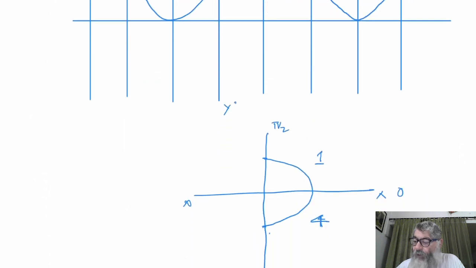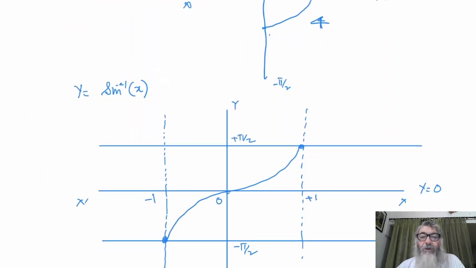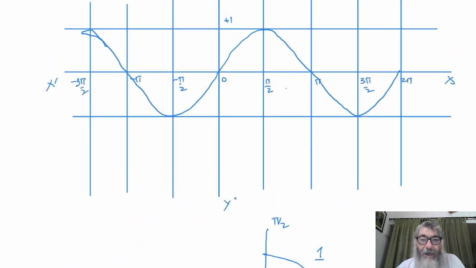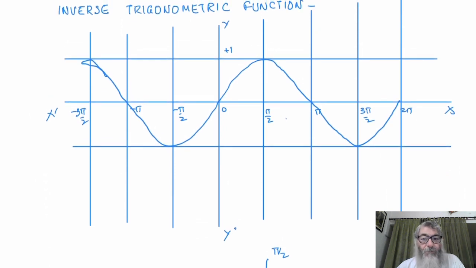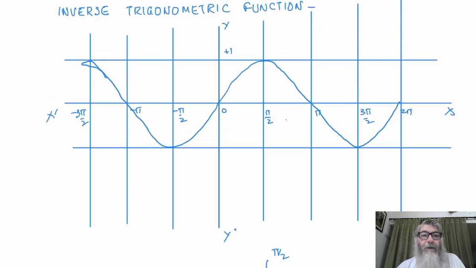Similarly here, when we are drawing sine inverse x, we have drawn the curve of sine x to show you also. This is a repetition of things, and when we are repeating, we are remembering. Thank you.